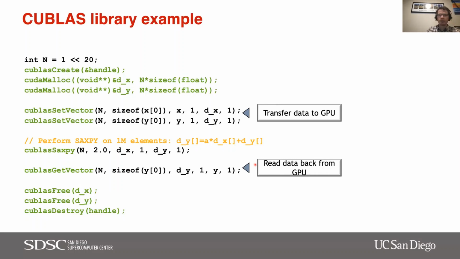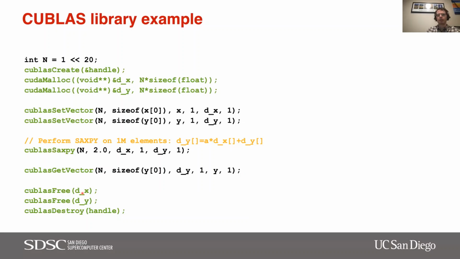Instead of doing that SAXPY operation on the CPU, it will copy the input data to the GPU, you run it on the GPU, then you copy the output data back, and then you release the memory again. So that's what you have to do, and that's basically all, right? In a similar way, you can use other libraries, and those will then effectively run on your GPU.